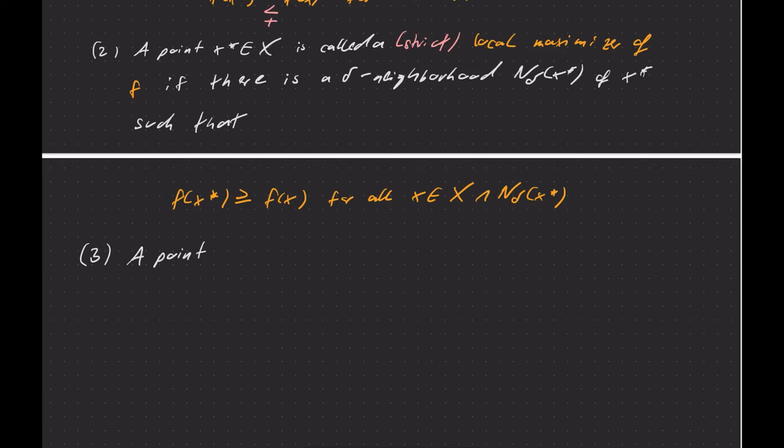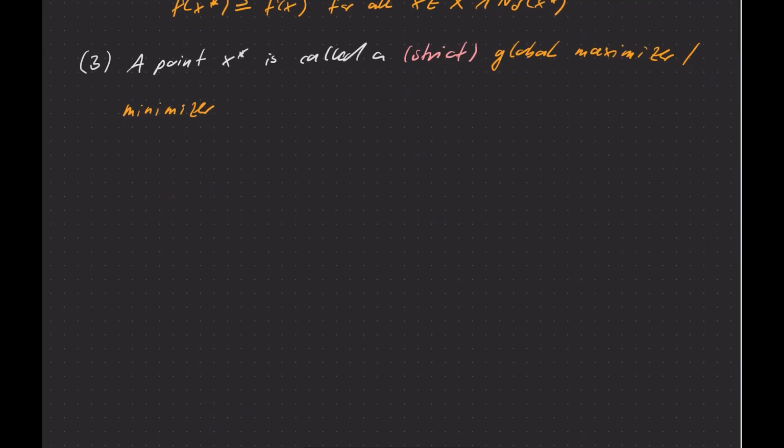So a point x star is called a possibly strict global maximizer or minimizer of f if, well, the following holds.